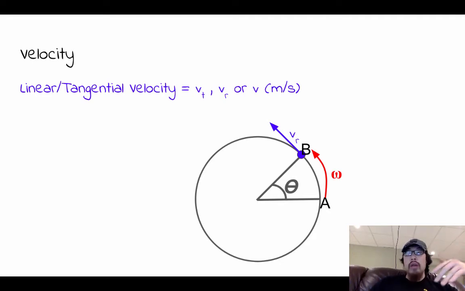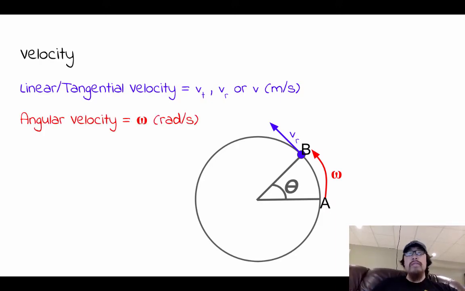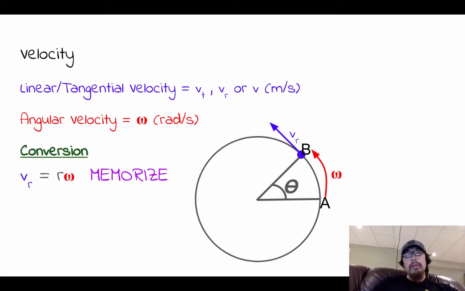But in this picture, if we go from point A to point B, okay, so that has an angular displacement over a specific time, so displacement over time, we get velocity. Okay, and in this case, we have angular velocity, and the units are radians per second. And that fancy-looking w is actually the Greek lowercase letter omega. Okay, omega.